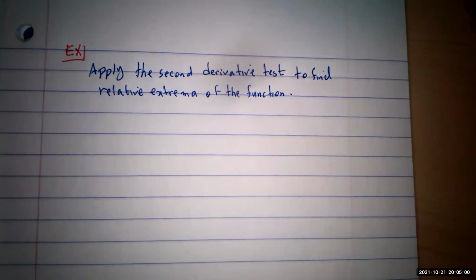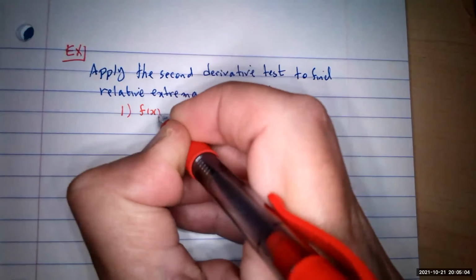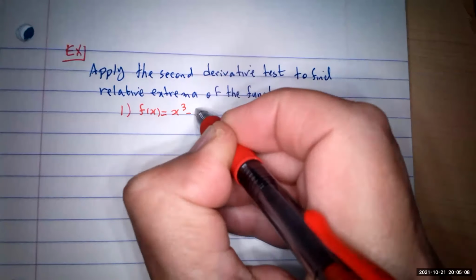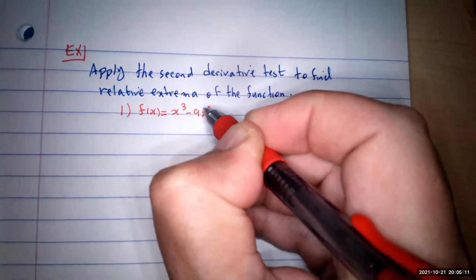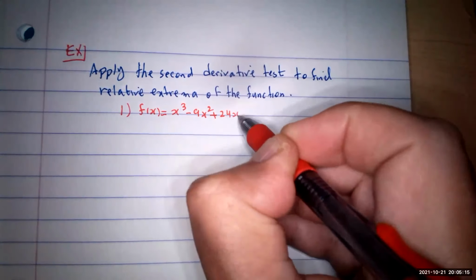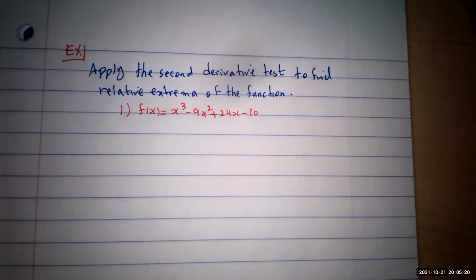Okay, let's check the first one. The function is f of x equals x cubed minus 9x squared plus 24x minus 10. This is going to be your function. You know that you have to find critical values first, the candidates.